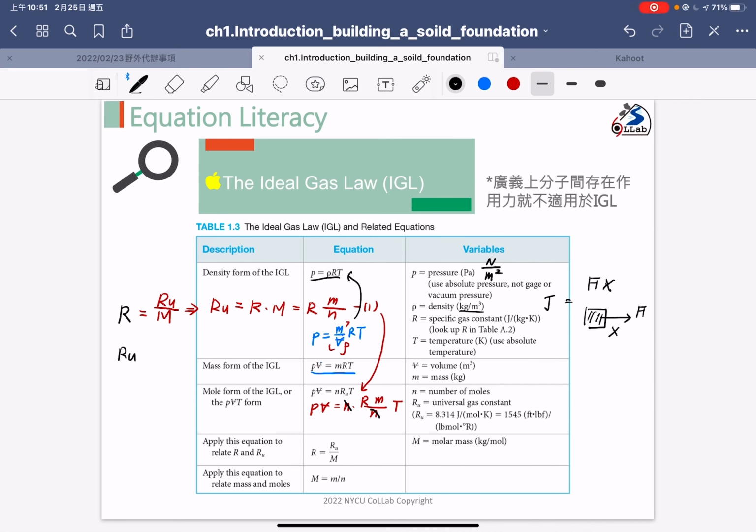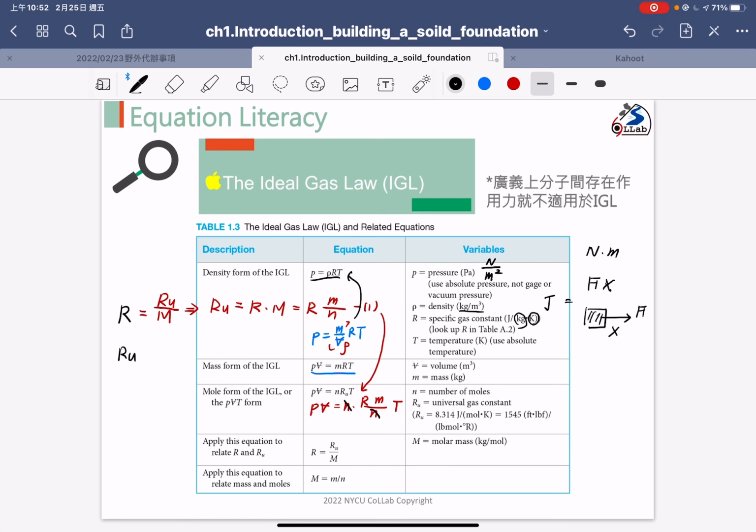So the unit of the Joule is the Newton force multiplied by the distance. The distance should be in meters. So the unit of the Joule is the Newton multiplied by meters. And the capital K is the absolute temperature unit, Kelvin. You can check by yourself.